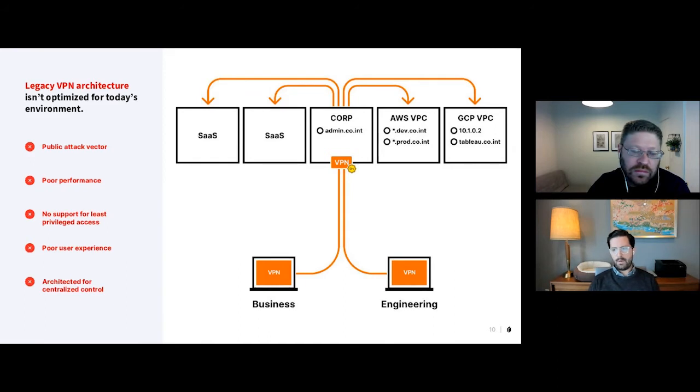So, in the new world but with old technology, most companies we speak to who are still using VPNs have an experience like what we're showing on our slide. They still have a legacy VPN set up on the corporate network.